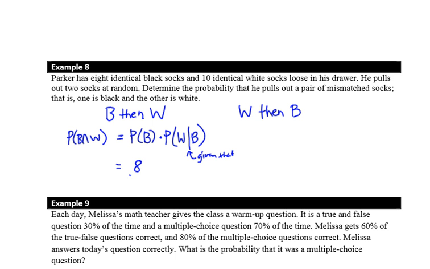So 8 over 18 times, how many white socks do we have? 10 over 17, because we've already taken a sock out. Which gives us 80 over, what, Dean? Calculator man. 18 times 17.